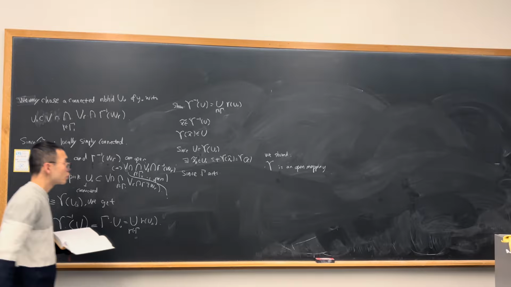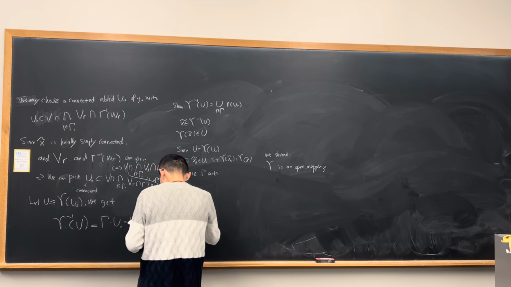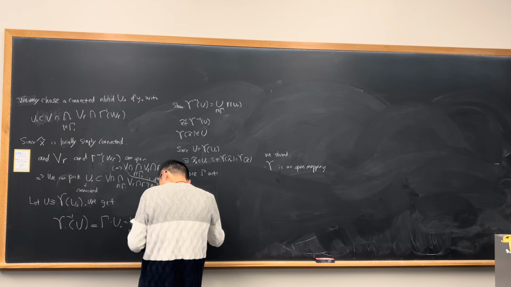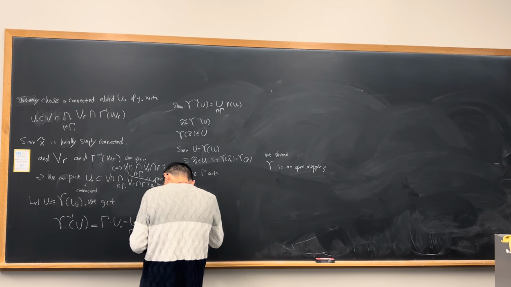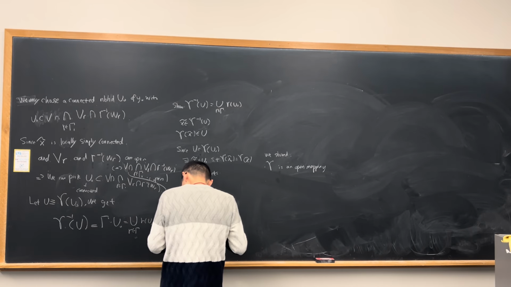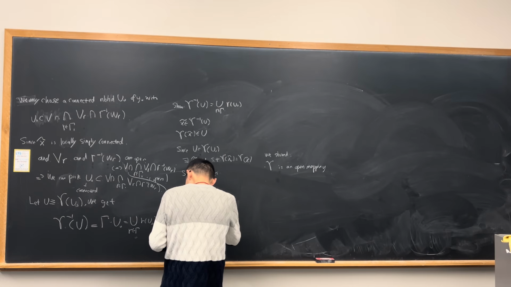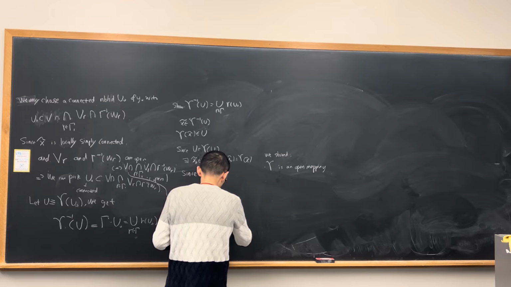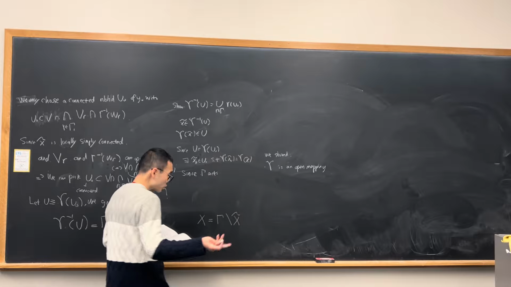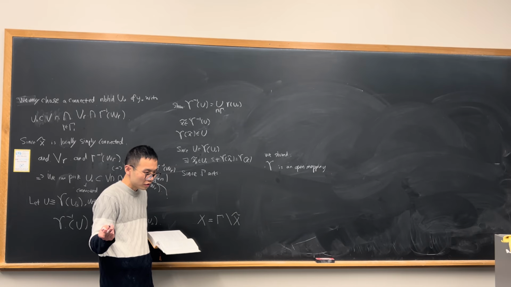Suppose that this is the x. So this x is the quotient space, the x tilde quotient by the relation of this gamma.